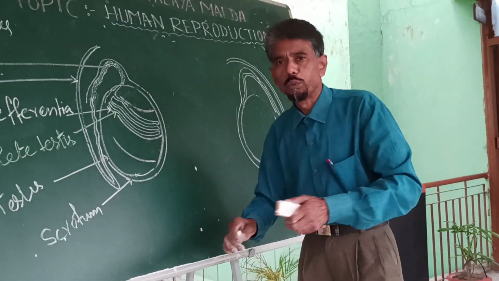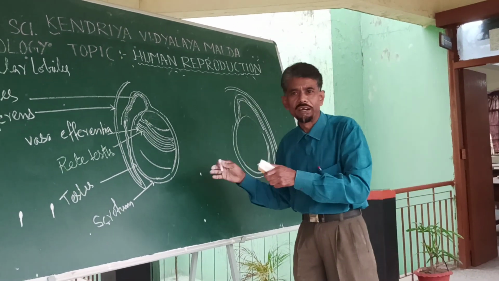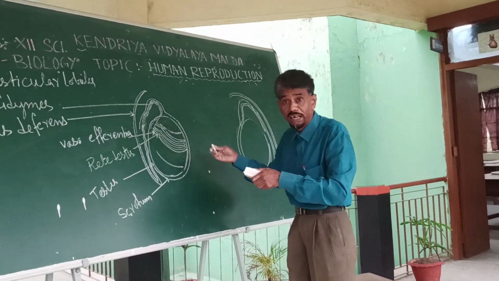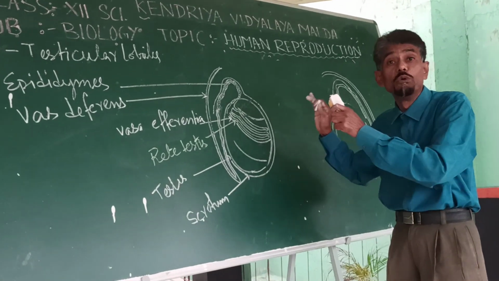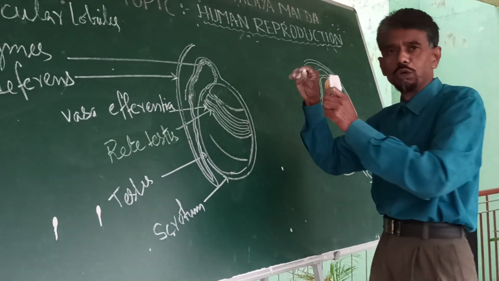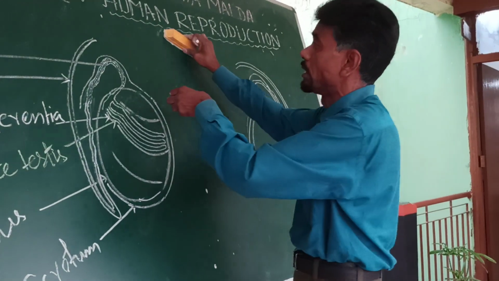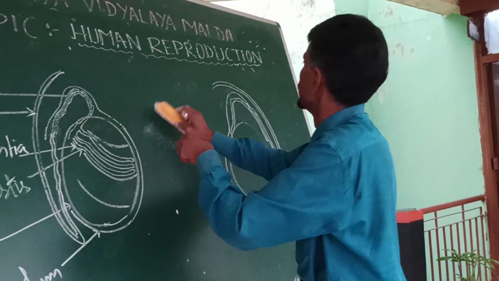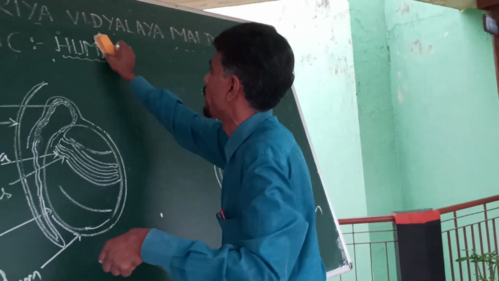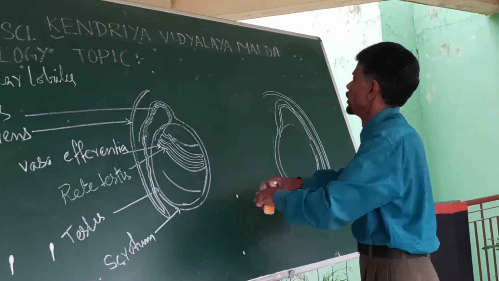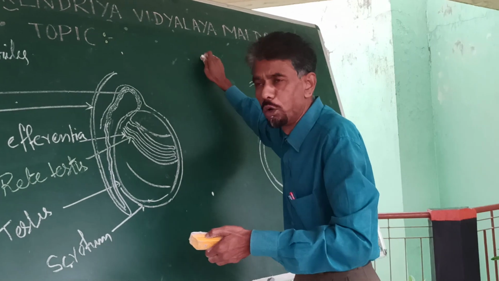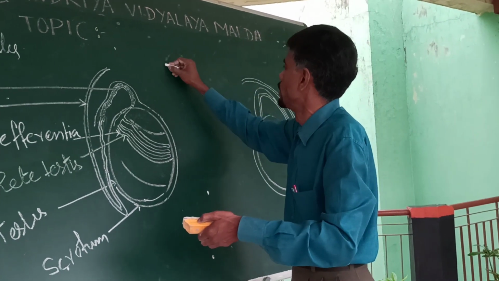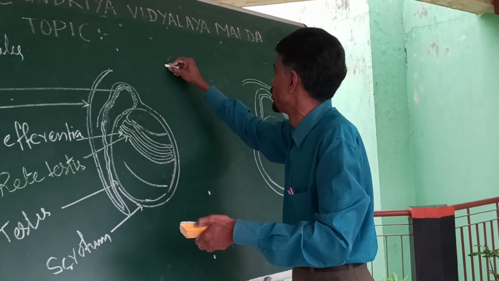Now, both will jointly open into a duct. Where will this duct reside? Let me first draw the urinary bladder. Unless we draw the urinary bladder, you cannot understand the position exactly. This is the position of the urinary bladder at the abdominal part.